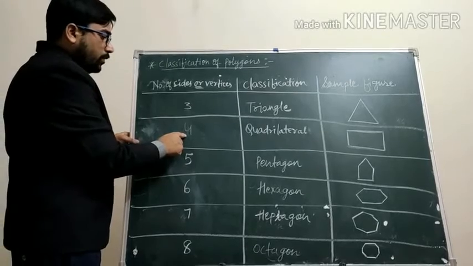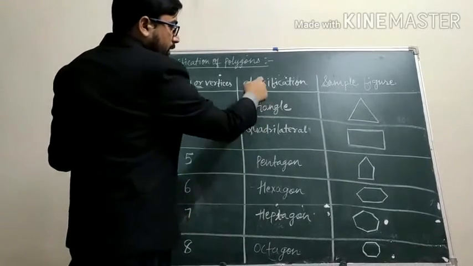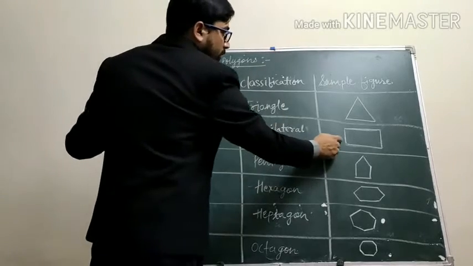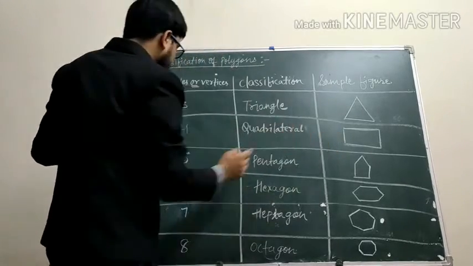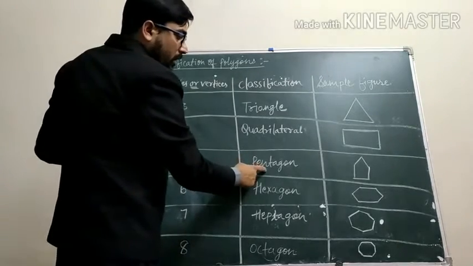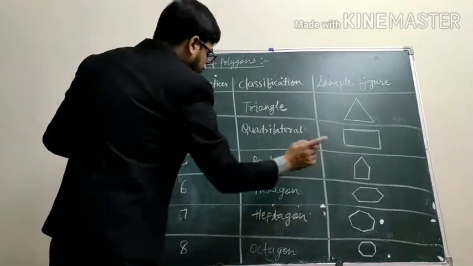We take 4 sides: a 4-sided figure is classified under quadrilaterals and the shape of that figure is like this. Number of sides 5 is called a pentagon and the shape of a pentagon is this.